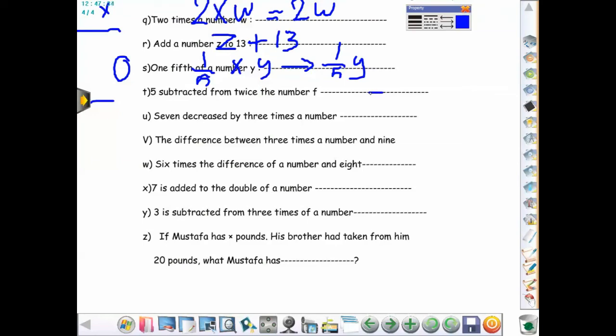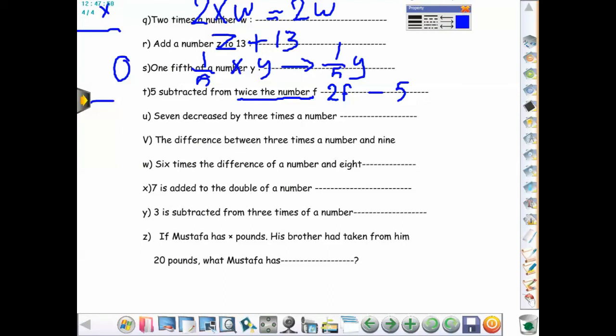Subtracted. Go from back to forward. From twice the number f. What is the meaning of twice the number f? 2f. Subtracted, 2f minus 5.